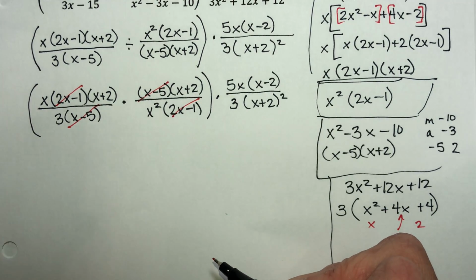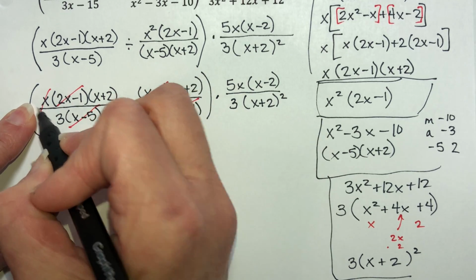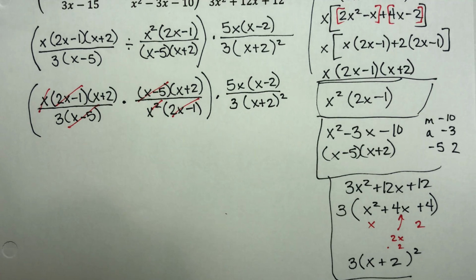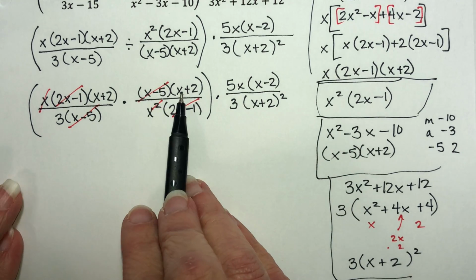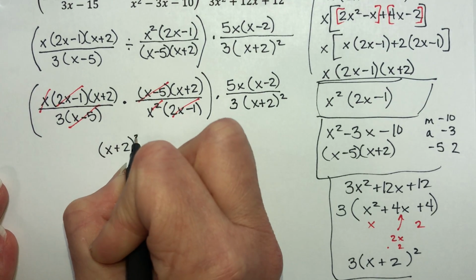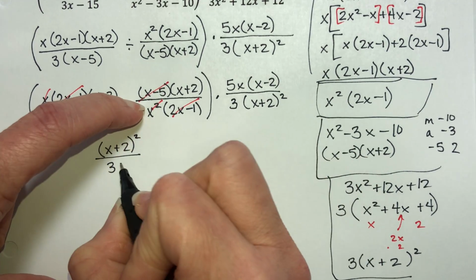Here I have 1x, here I have 2. So this 1 cancels out one of those. Let's multiply straight across. I have x plus 2 times x plus 2, which is x plus 2 squared, over, I still have a 3, and I still have an x.